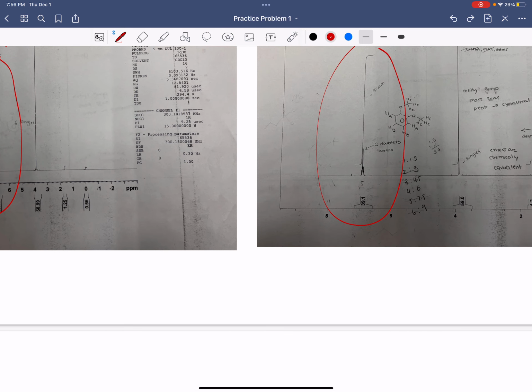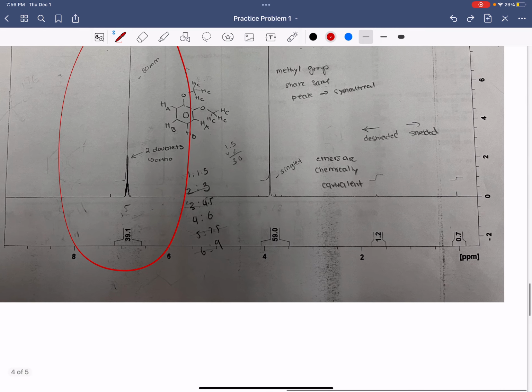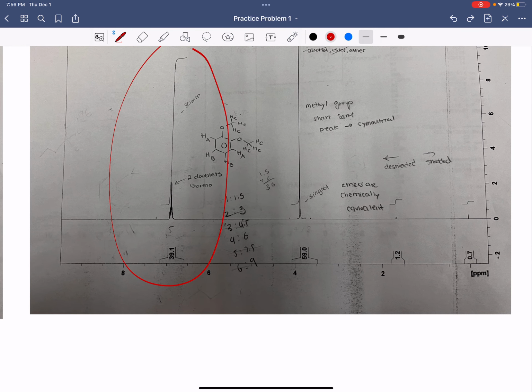I can look at the integration values to find out the number of hydrogens by dividing by the smallest integration value. As you can see on my NMR, there are 4 values because there are 4 peaks, but we can ignore the last 2 peaks because their integration values are too small to determine anything.